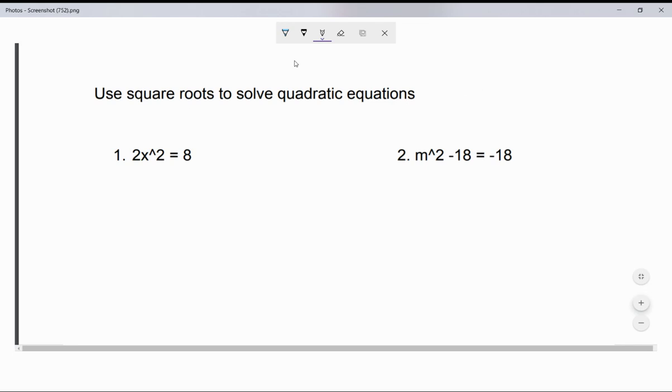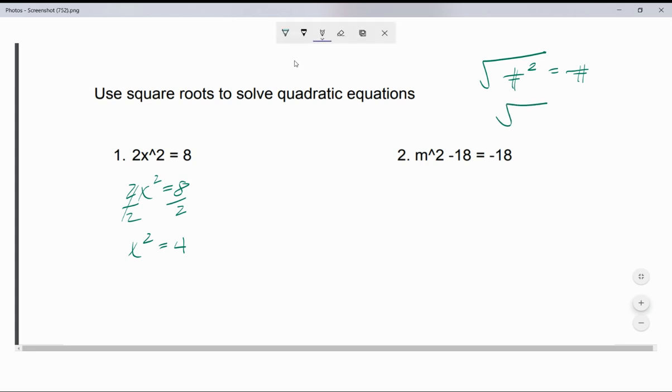Okay, use square roots to solve quadratic equations. Basically what they're telling you to do is apply what we learned of square roots. For now, I'm going to isolate x squared. So x squared equals 4. And if you didn't know, any number with a square that is under a square root is just the number.